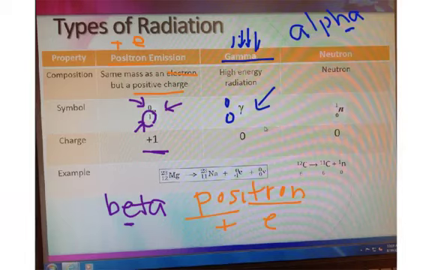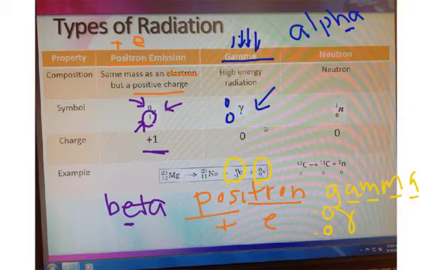And gamma is AA, MM, so it's OO, meaning 0 mass, 0 charge, and it's this kind of upside down fish type of thing. When you're trying to identify it in a formula, you once again can look for a beta particle, or this would not be a beta, that would be a positron, and then you also see that gamma right there. The last particle is a neutron.